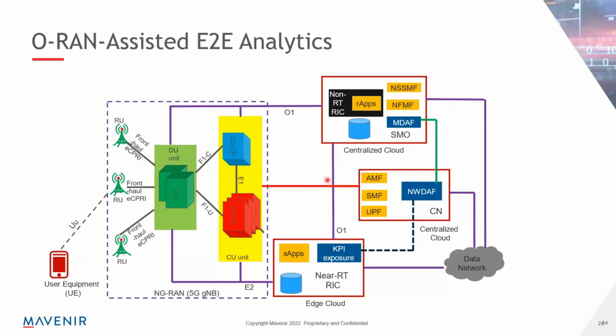Today, there is only a non-real-time RIC function, and rApps are available, but there is no xApp related to that rApp. In the future, we see it would be a combination. There would be an rApp interrelated with the xApp as well.